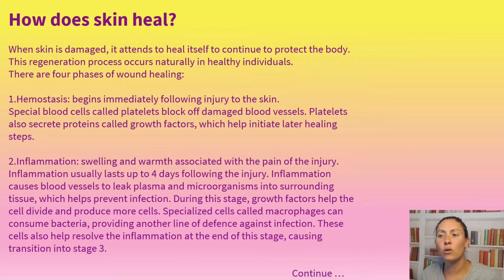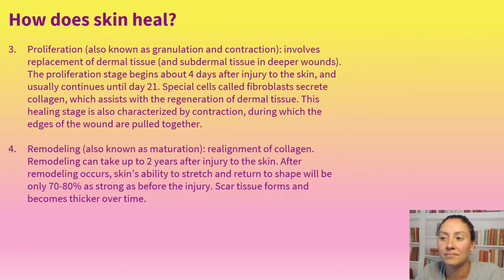During this stage, growth factors help the cells divide and produce more cells. Specialized cells called macrophages consume any bacteria, providing another line of defense against infection. These cells also help resolve the inflammation at the end of this stage, causing a transition into the third stage of healing.